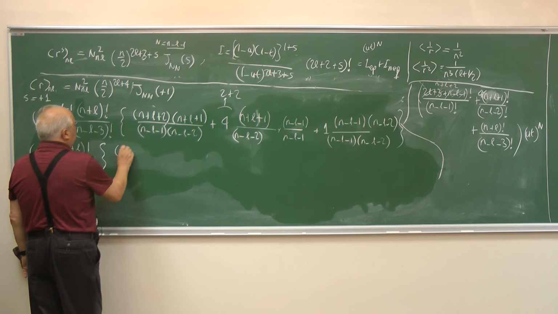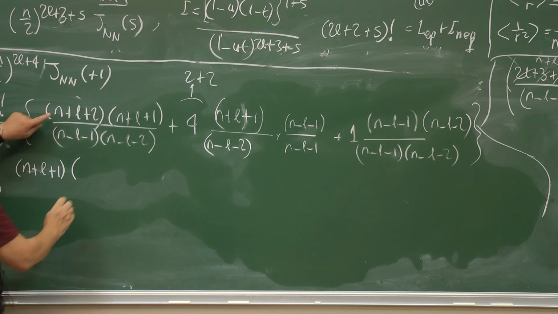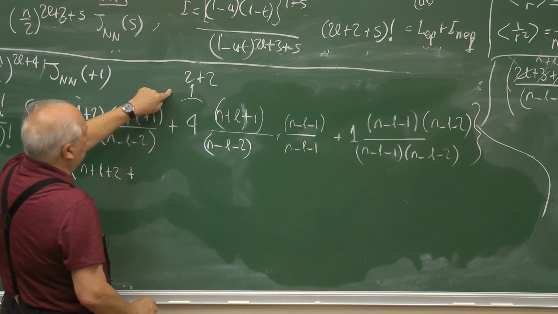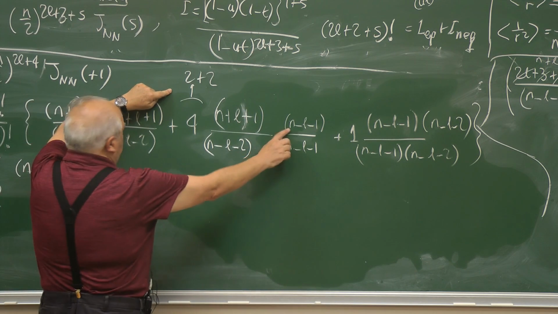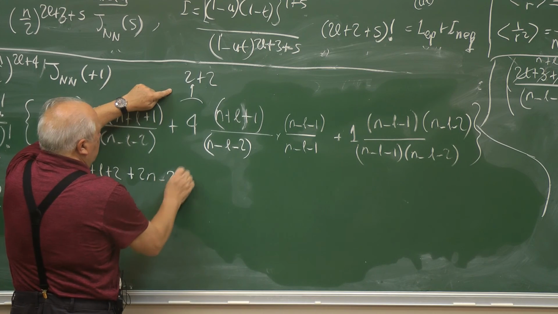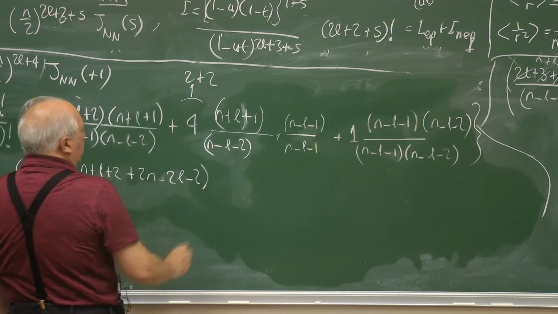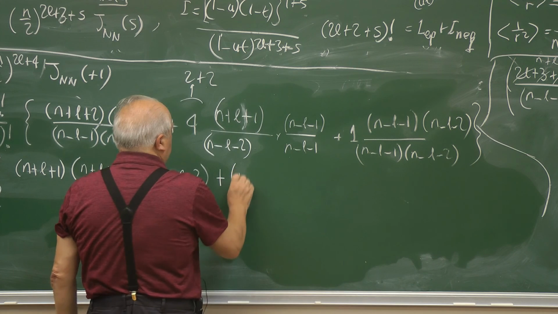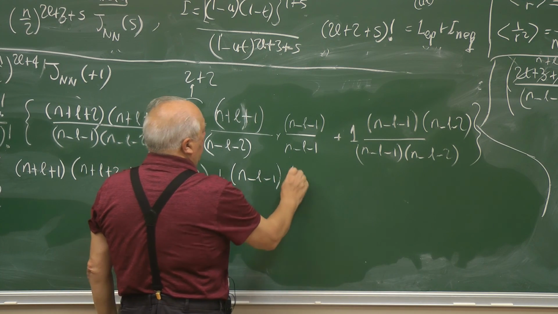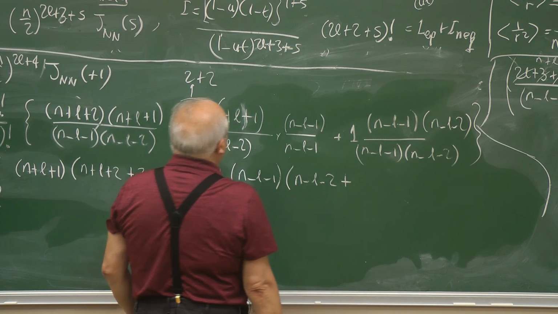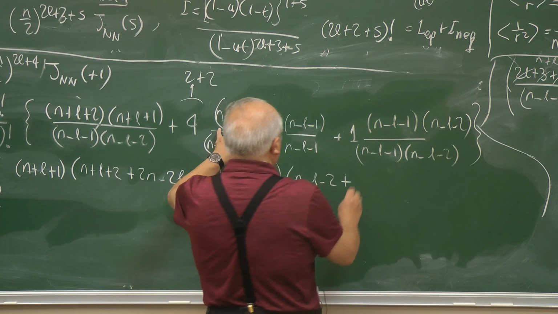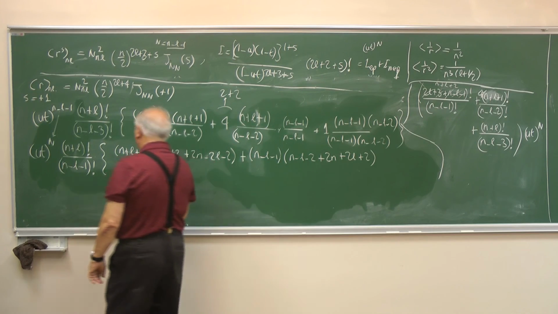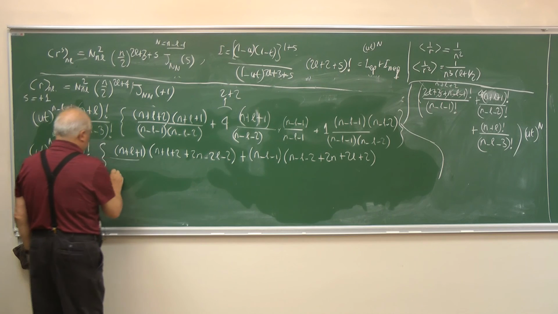So it is n plus L plus 1, parenthesis, n plus L plus 2, plus, now I will just take the 2 and multiply with that, plus 2n minus 2L minus 2, plus this thing is the common factor, n minus L minus 1, n minus L minus 2, plus 2 of these, plus 2n plus 2L plus 2. So I'm just looking at this.